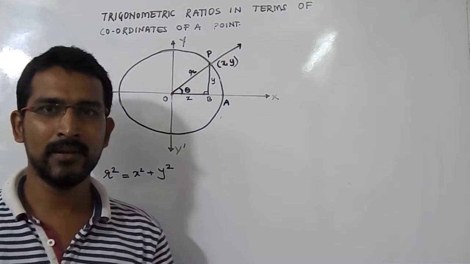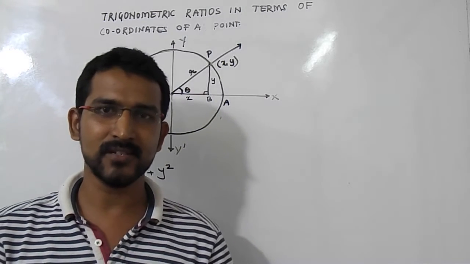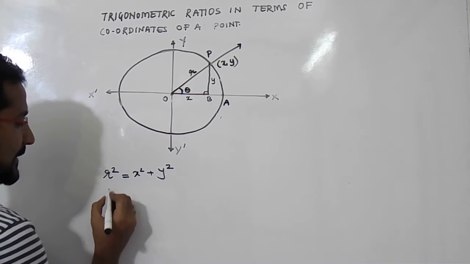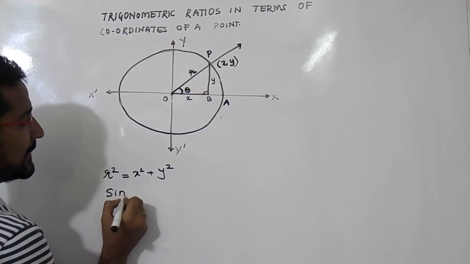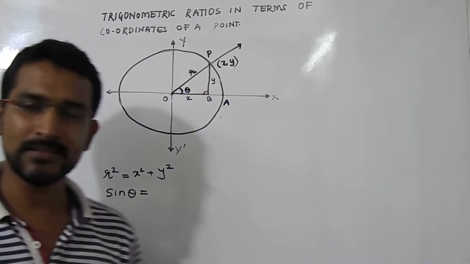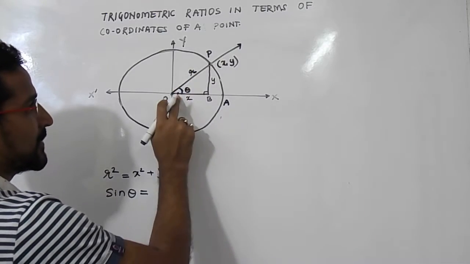Now we'll apply the trigonometric functions, first the sine function. So sine theta, as we have already studied, is opposite upon hypotenuse. What is opposite here?